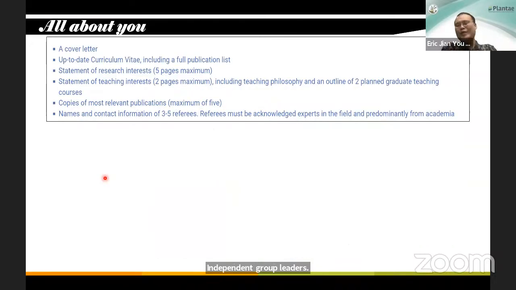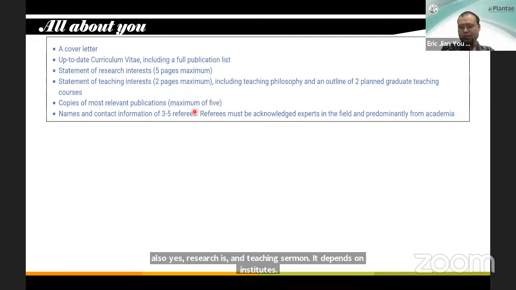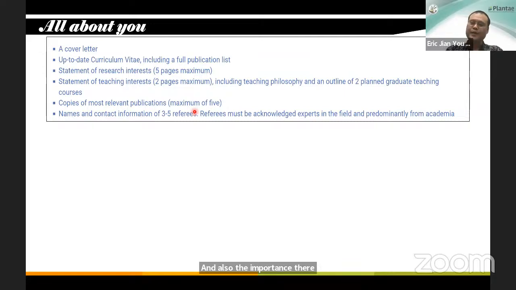So, all about yourself. When you want to stay in academia, the important thing is you need to prepare all these things when you apply for jobs: cover letter and your updated CV, and also your research experience and teaching experience, depending on the institute. Also very important is the reference letter. As I mentioned, you have to build a very good relationship with your advisors, your professional collaborators, or your friends who are PIs.